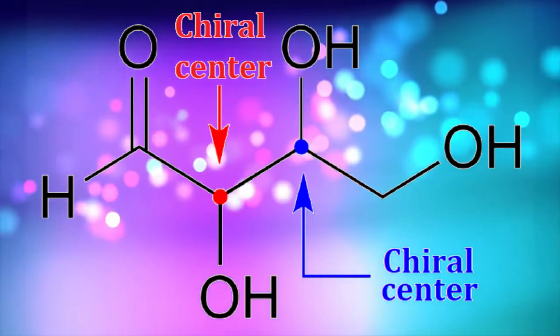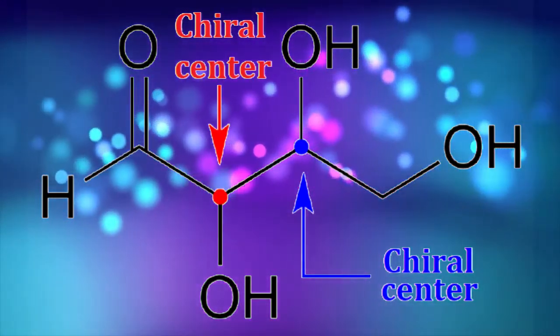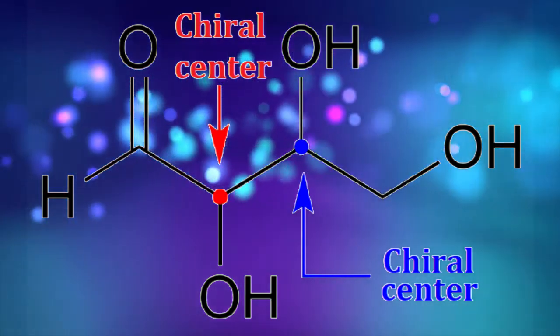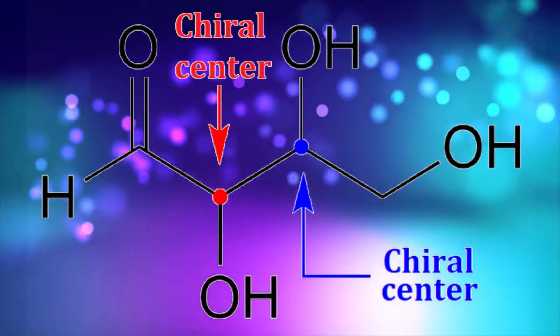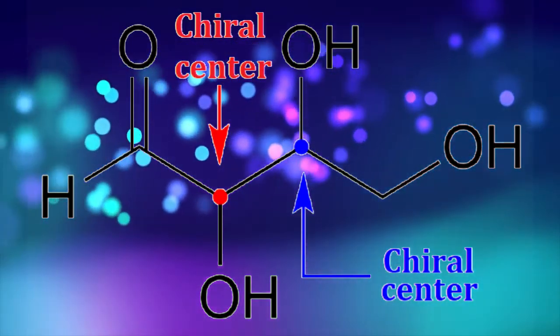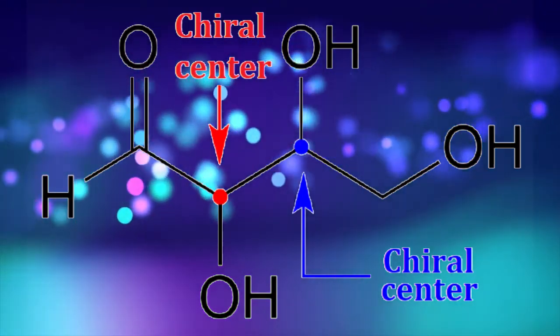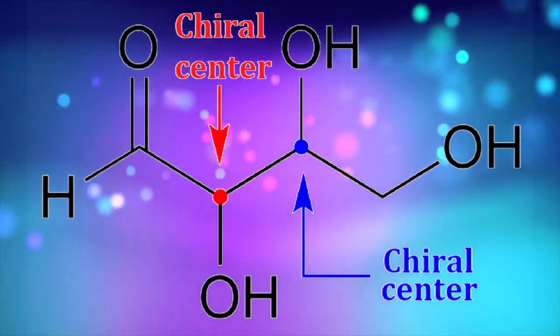So here also 4 different groups are there. Now if 4 different groups are there, then this particular carbon will also be called chiral, right? So this is what the chiral center means, and this is how we see whether a given carbon is chiral or not.